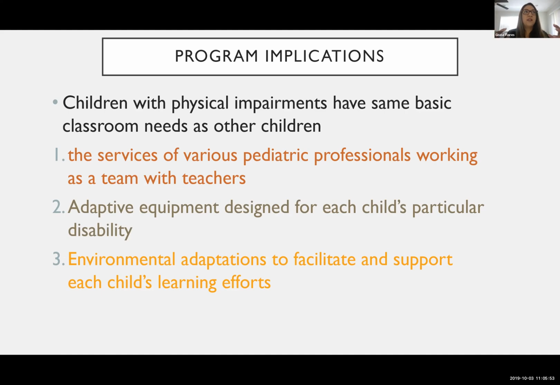Especially with muscular dystrophy, a lot of times you're adapting equipment to fit their height, their positioning, and their skill level, and that's going to differ from child to child. And of course, those environmental adaptations facilitate and support each child's learning efforts. So maybe it's the positioning of curriculum, maybe it's their own positioning, looking at how that child can function the most efficiently, okay?